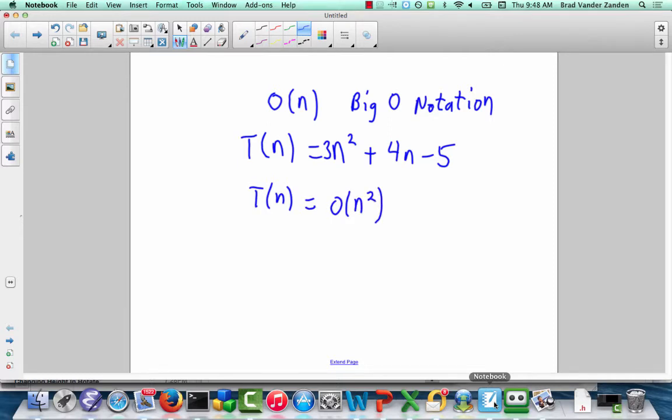And the reason we say order n squared is that we get rid of the so-called lower order terms. We're only concerned with the most expensive term, which in this case is n squared.